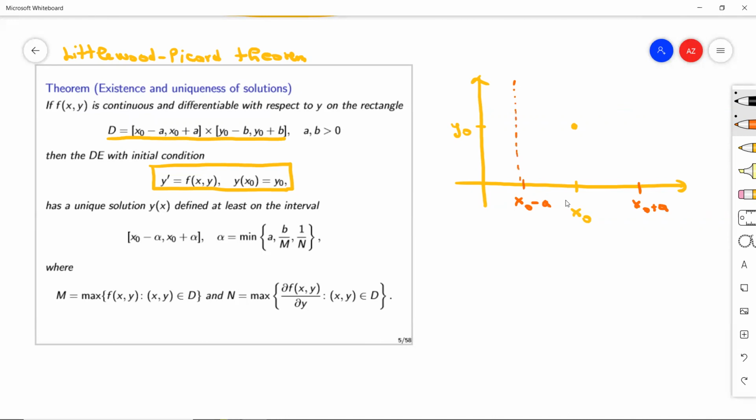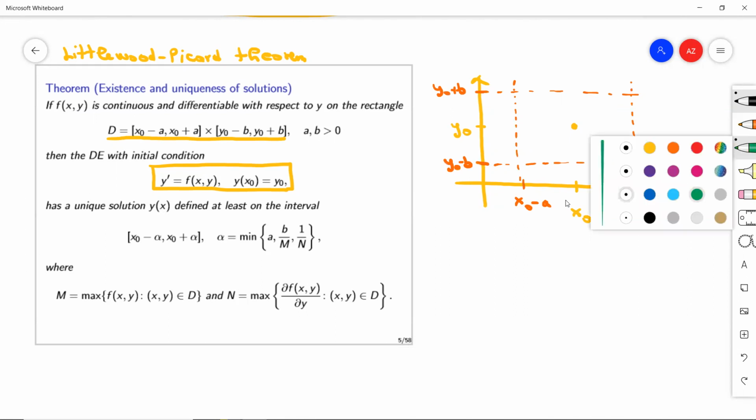The same for y, but we move b on both sides. So we have this rectangle, and we would like to find the solution to our differential equation in this rectangle.